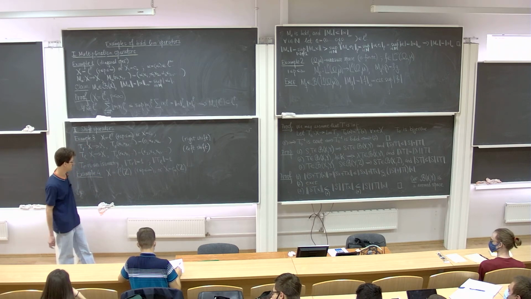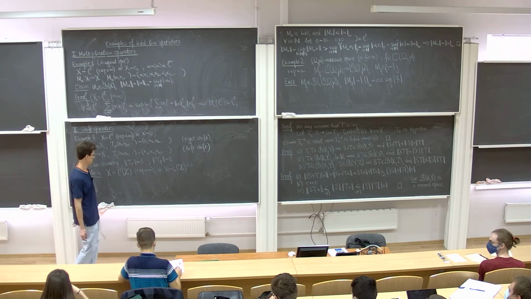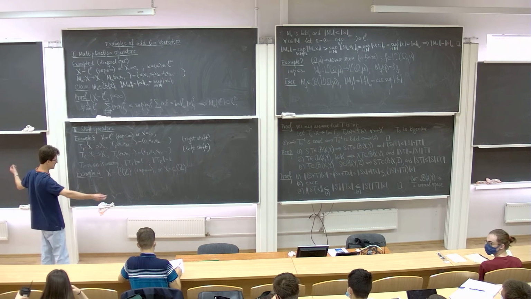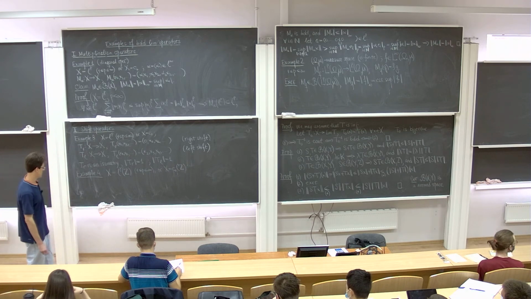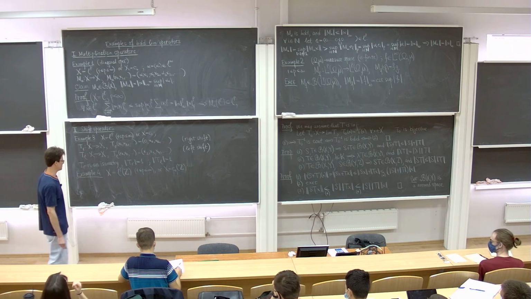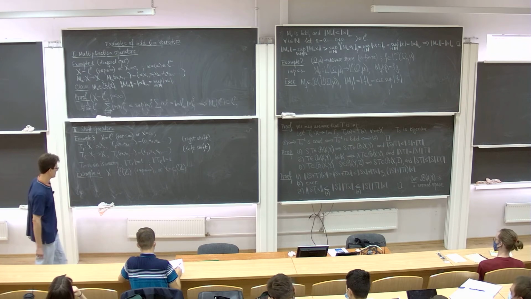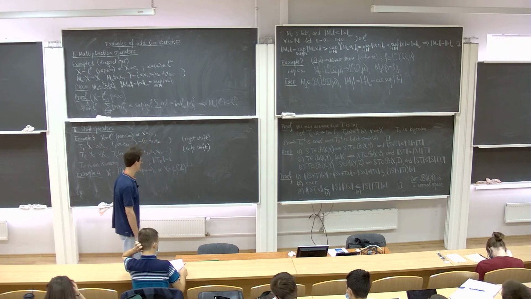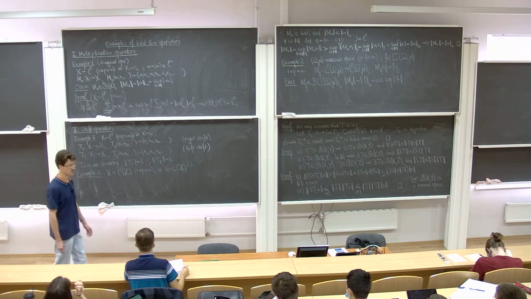So the space consists of those sequences which are indexed by integers, so they are infinite in both directions, and such that the sum of the p powers of the absolute values is finite. And similarly, c0 of Z is the set of all two-sided sequences which vanish at infinity.